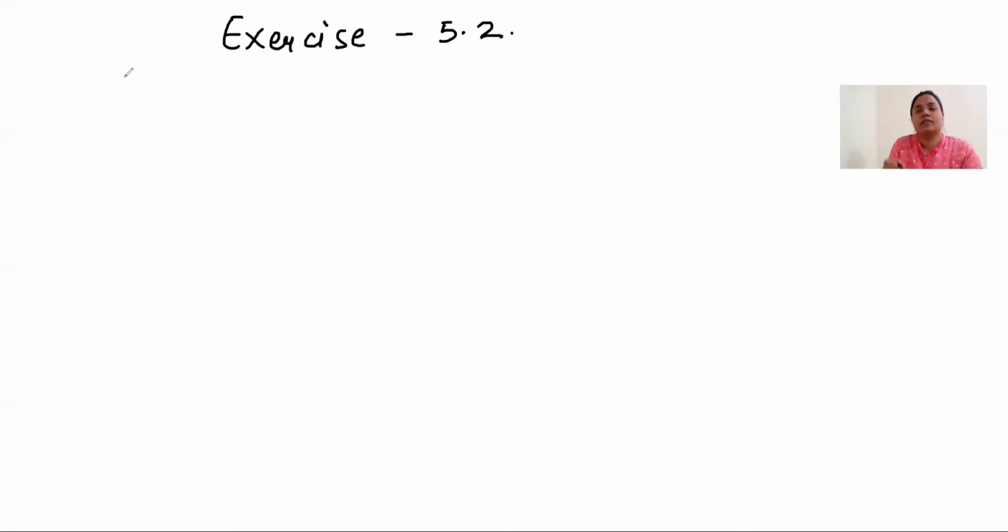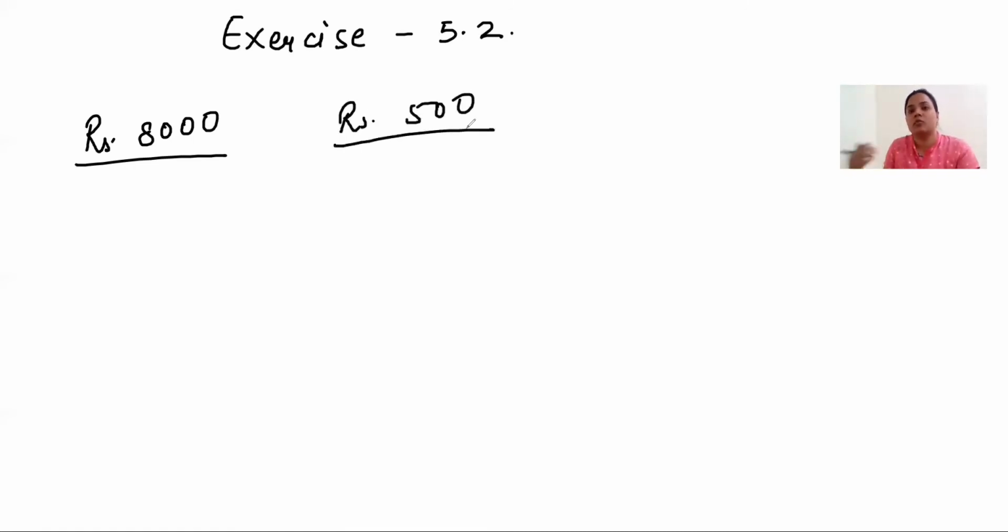Suppose you have deposited rupees 8,000 in a bank account, and every year you are depositing 500 rupees to the same account. So in the first year, what was the amount in the bank? That was rupees 8,000.